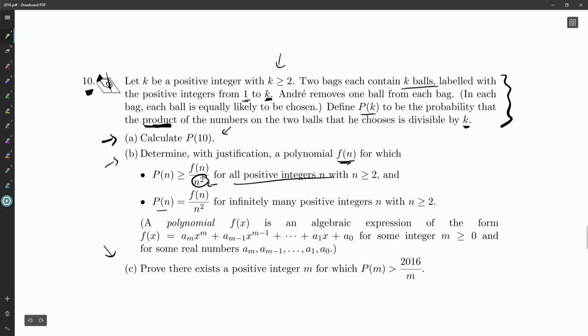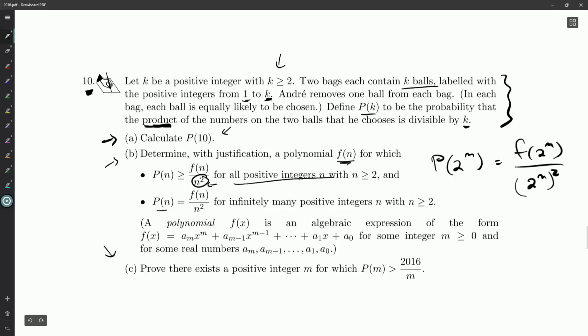So maybe for some reason f of n, maybe you always have, so I'm just trying to think of an infinite family we might use. So maybe, for example, P of 2 to the m is always equal to f of 2 to the m over 2 to the m squared.